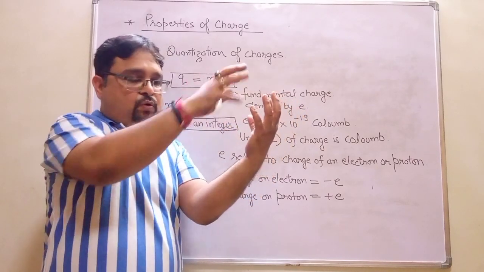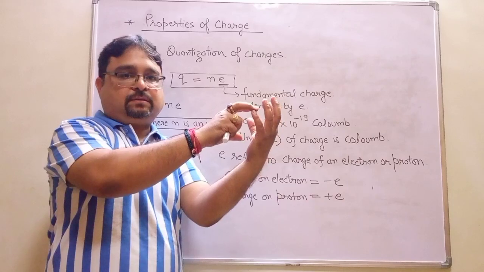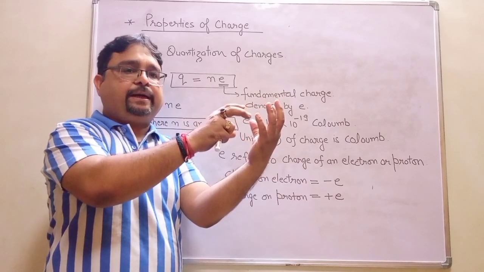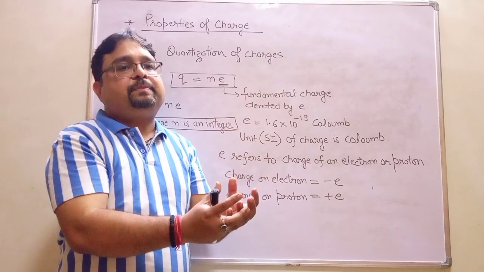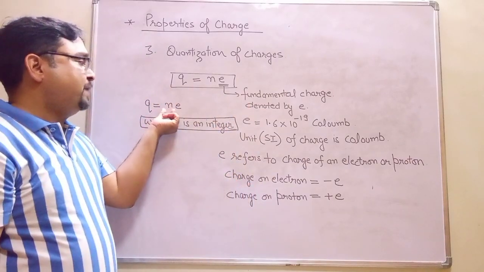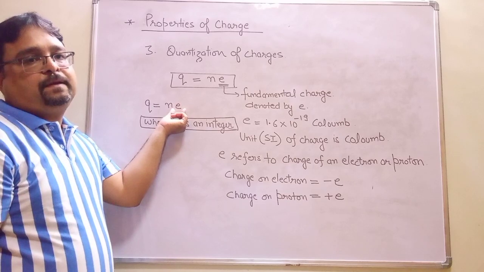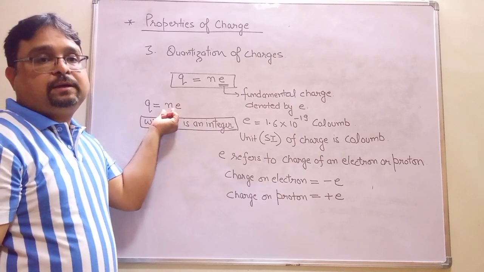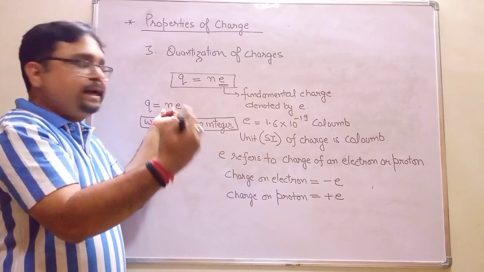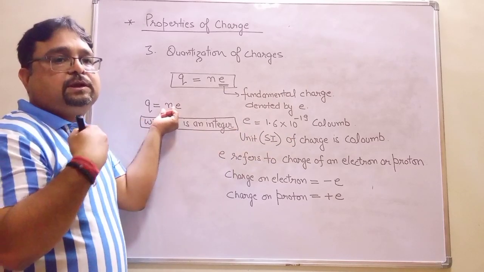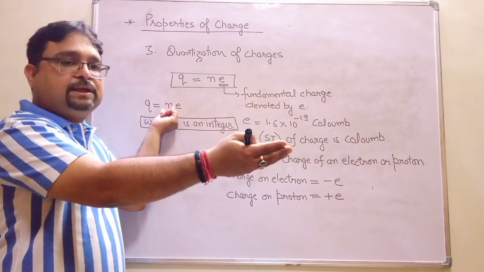So whatever total charge is transferred, whether positive or negative, can be represented in the form of n multiplied by e. n is the number of electrons transferred while charging, or the number of protons transferred to the body while charging.